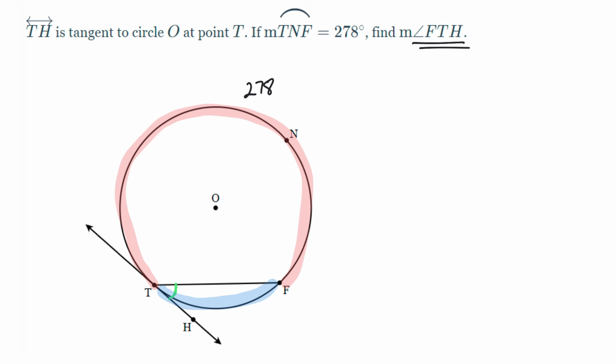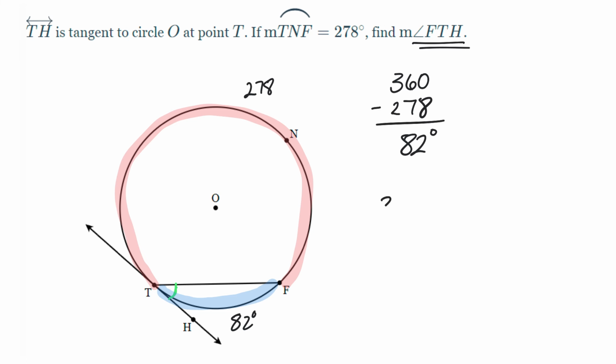But I do know that arc mark because I know a full rotation is 360 degrees. And I know that 278 degrees are on the other side, which means there are 82 degrees left. So this arc mark TF is 82 degrees.